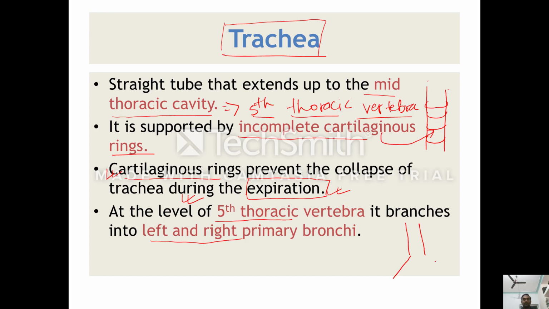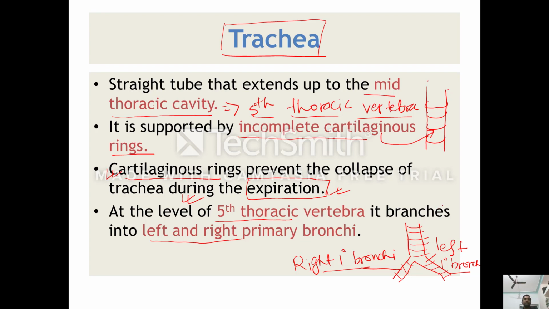From there it branches into this left bronchus and this right bronchus. This is the right primary bronchus and this is the left primary bronchus, and incomplete cartilaginous rings will be present in all these regions.